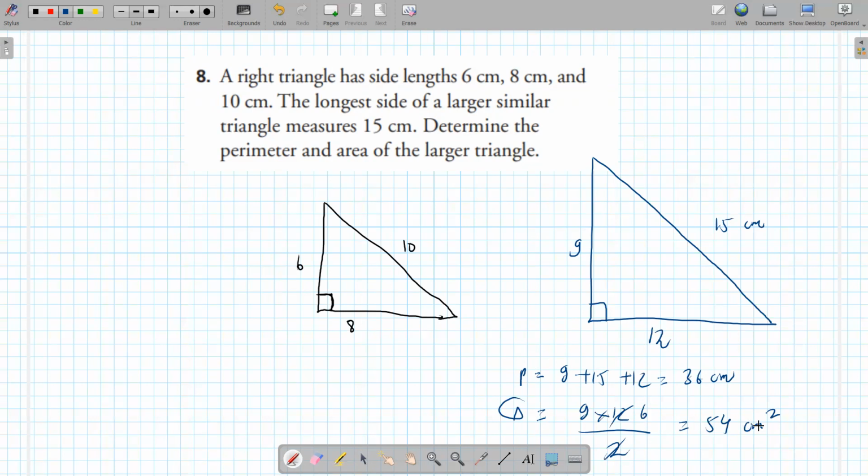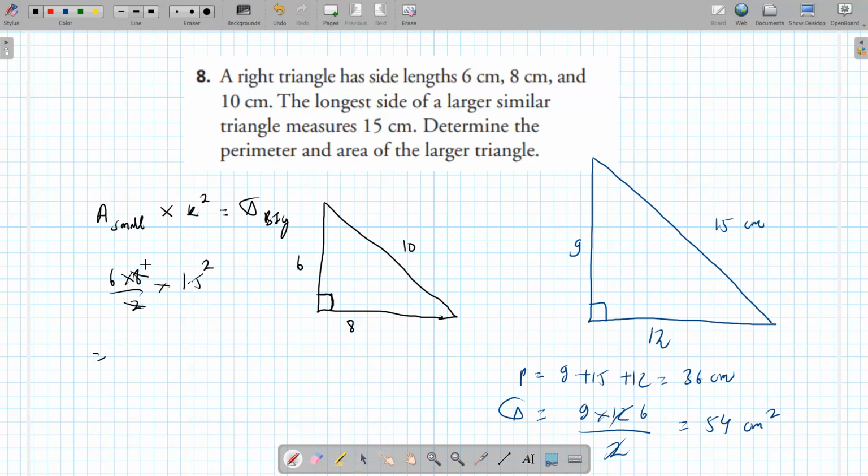Cool. Here's how you can find the area using a different approach for the larger triangle. Briefly talked about this yesterday. The area of the small triangle times k squared, you need to square that k, will be the area of the bigger triangle. So here the area of the small triangle is 6 times 8 over 2. K is 1.5. You need to square this.